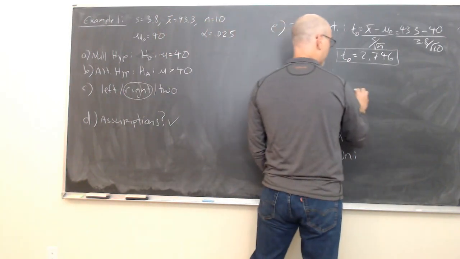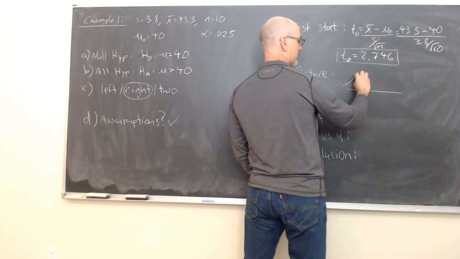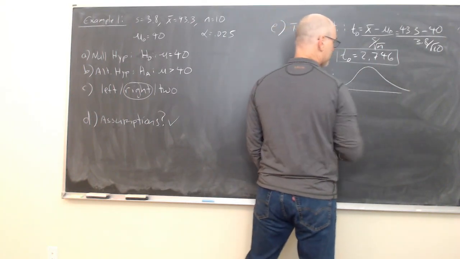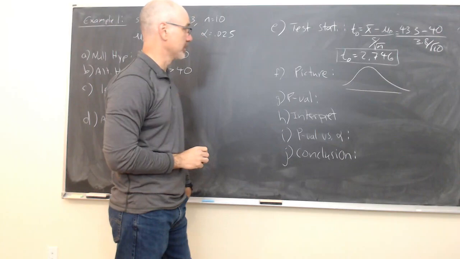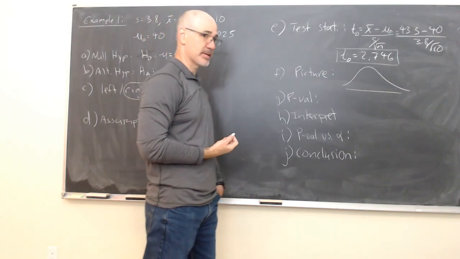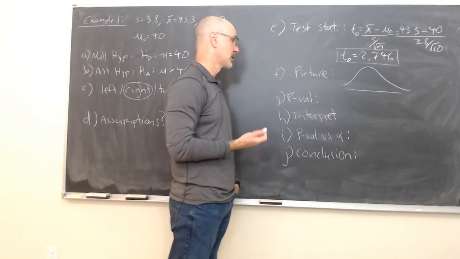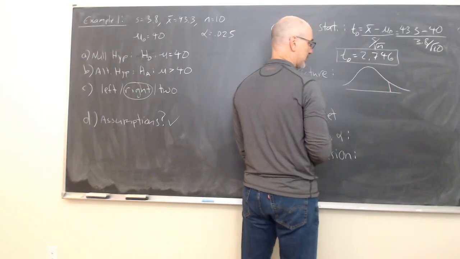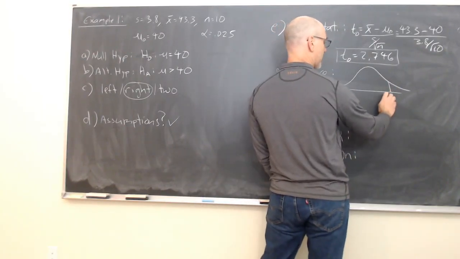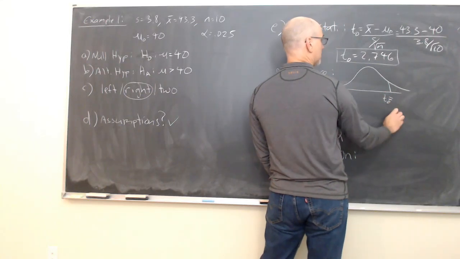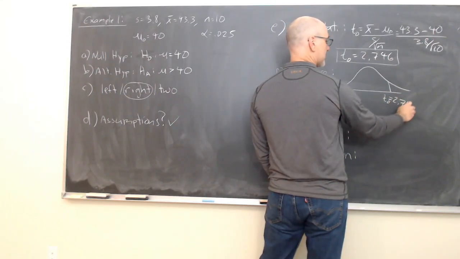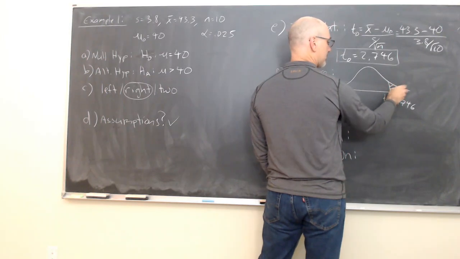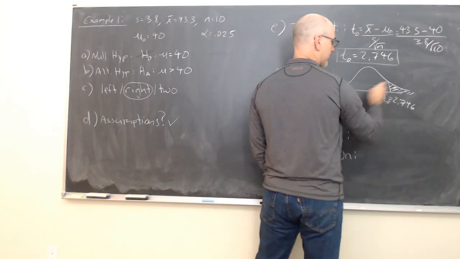So what we are after is to figure out the probability of getting something that big or bigger if the null hypothesis is really true. So this is kind of the picture of what we mean by a right-tailed test, or a right-sided test. So we have t is 2.746, and we want the probability of landing in the shaded region.